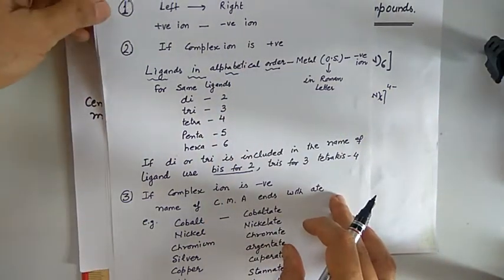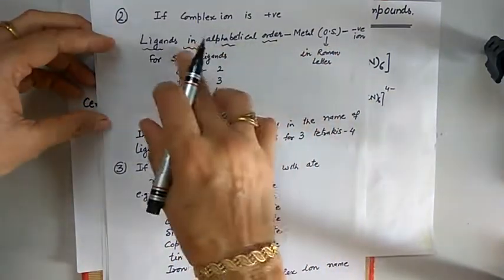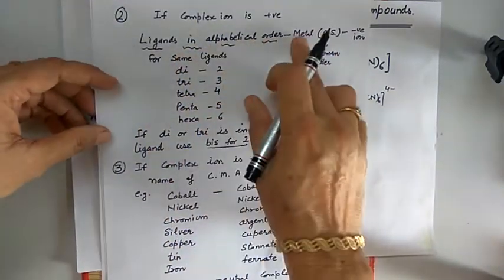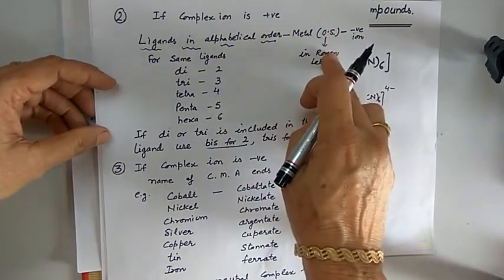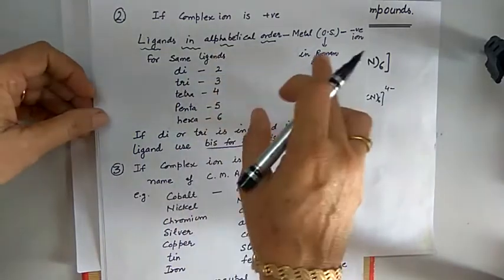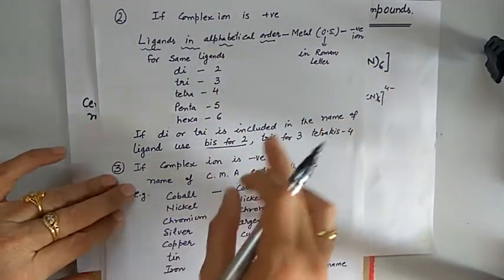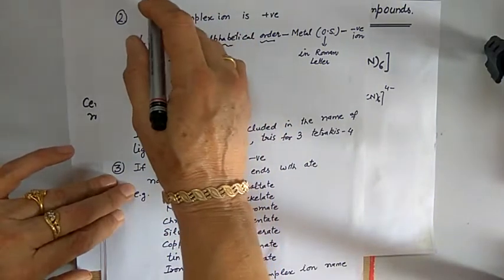If the complex ion is negative, the rule remains the same. We write ligands in alphabetical order, then the metal, then the oxidation state of the metal, then the ion present. Here the complex ion is negative. We will start from left to right.